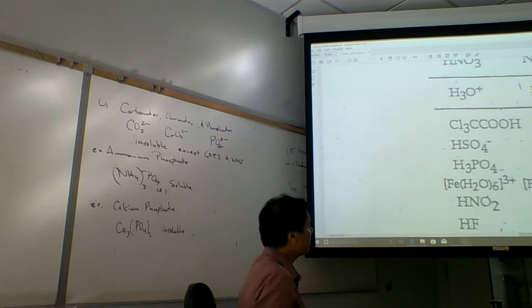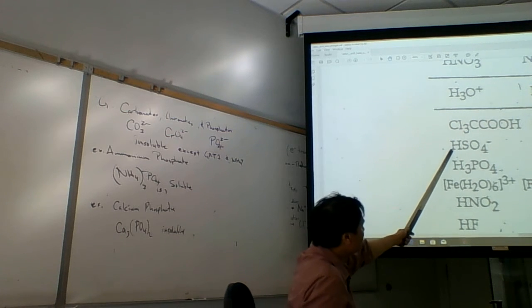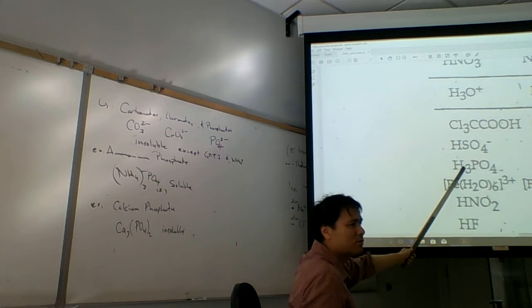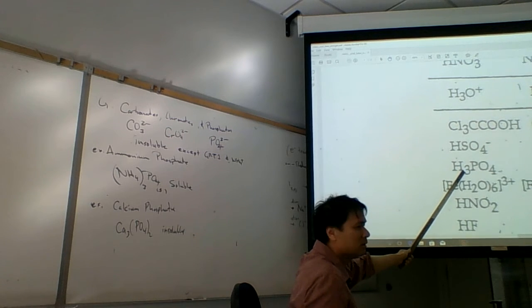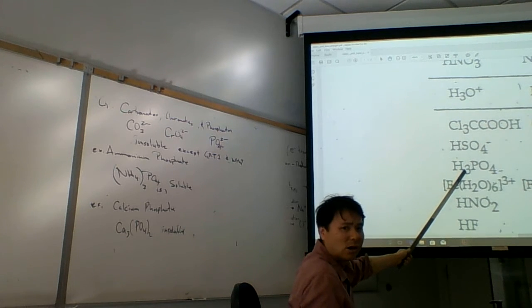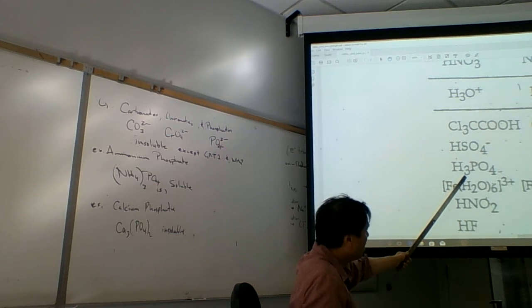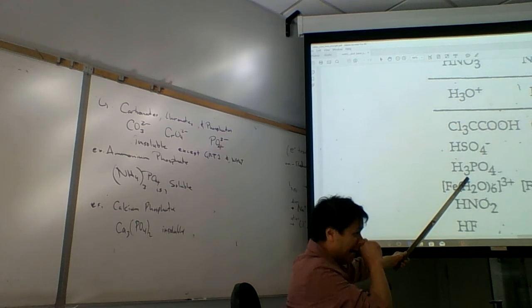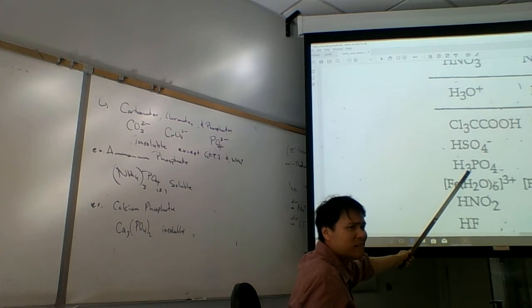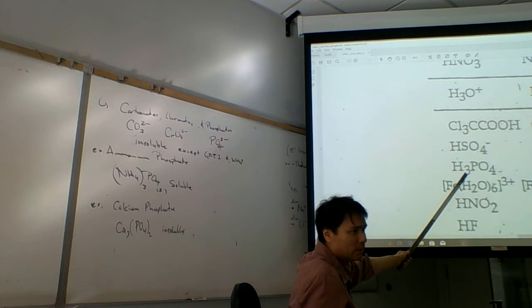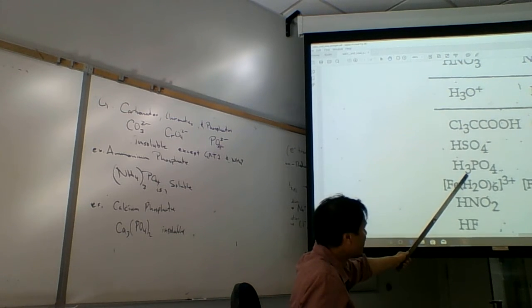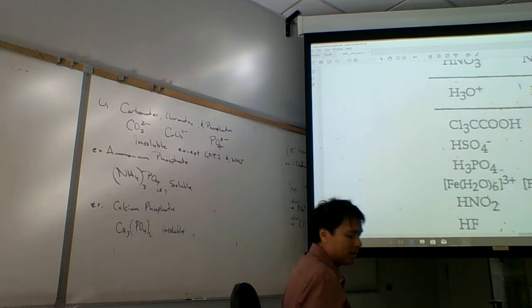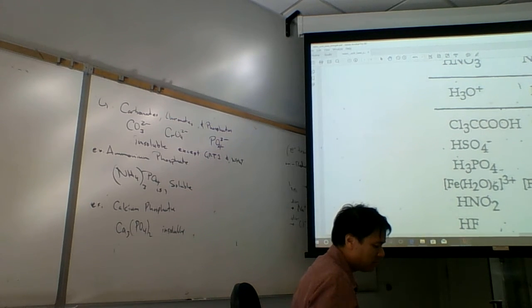So hydrogen sulfate, or bisulfate, is a stronger acid than this one. What is this one called? This one's called phosphoric acid. And so bisulfate ion is a stronger acid than phosphoric acid.